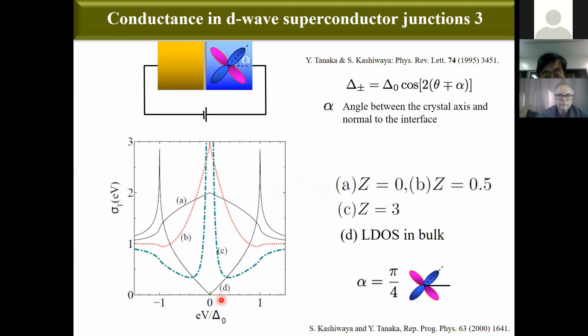This is an extreme case, because all injected quasi-particles feel a zero energy state, independent of the injection angle. With the increase of Z, the resulting charge conductance becomes like that. Its line shape is quite different from the local density of states in bulk.